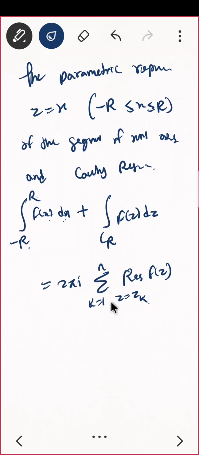So this is integral from minus r to r of f of z dz plus integral over Cr of f of z dz equal to 2 pi i summation k equal to 1 to n of residue of f of z.